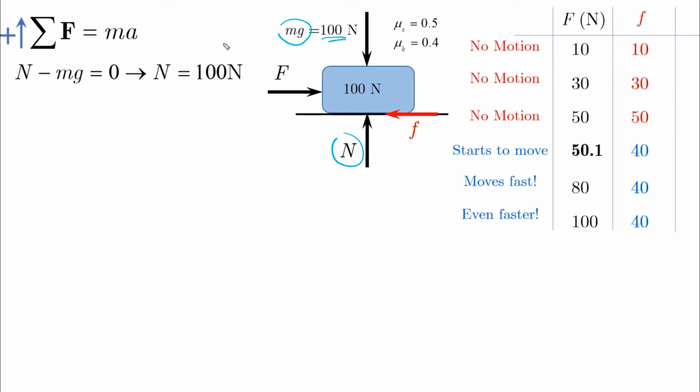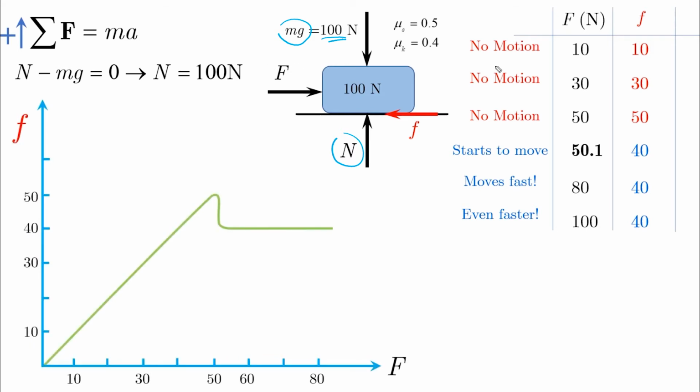And by looking at our table, this is what is actually happening between the friction force and the applied force. When we applied 10 newtons, we got 10 newtons of friction force. And when we applied 30, we got 30. And when we applied 50, we got also 50.